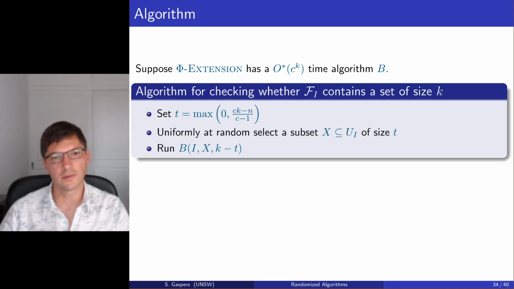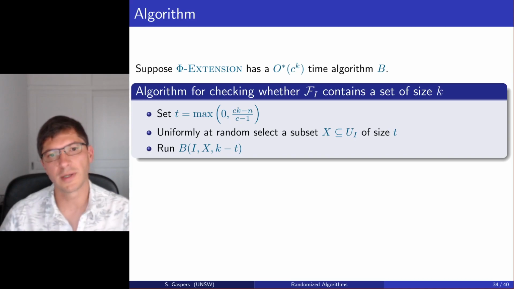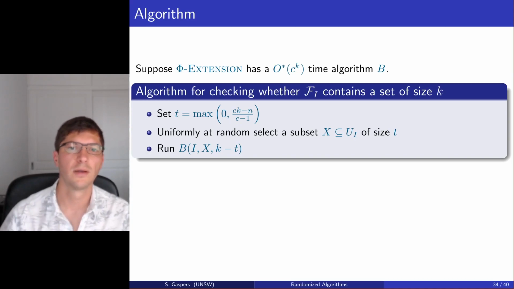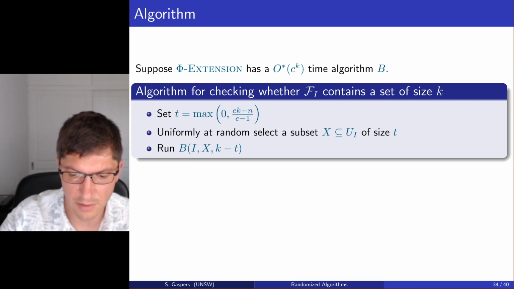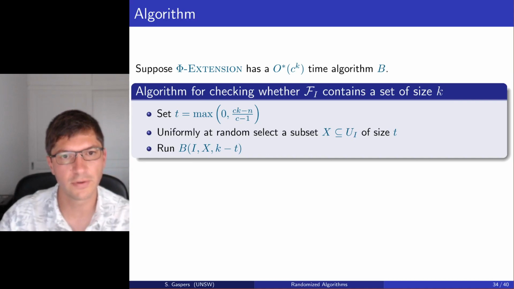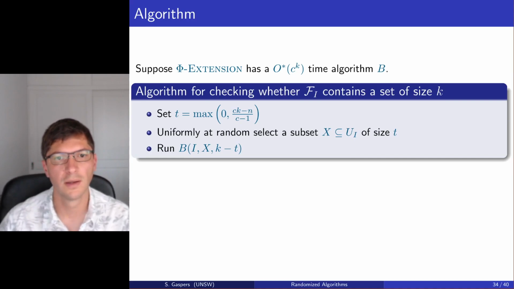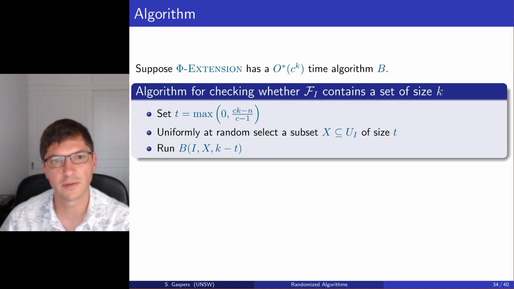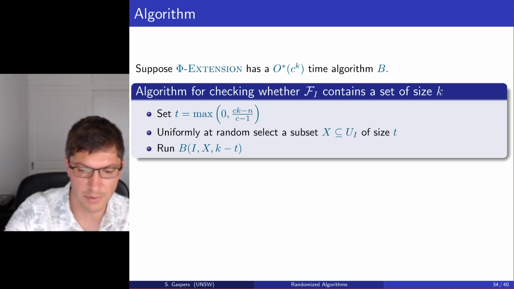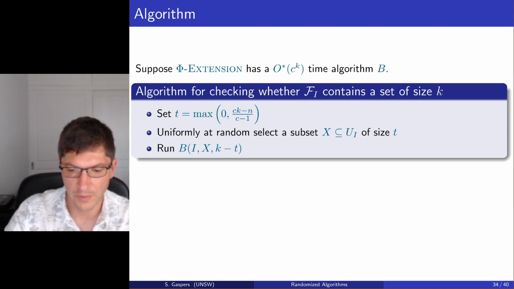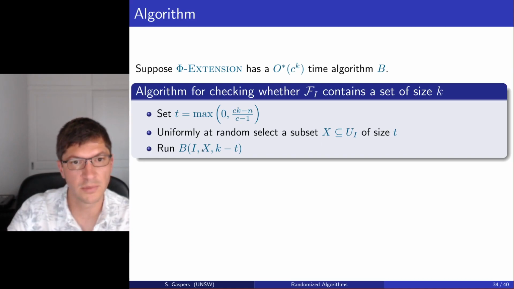Now, this is the algorithm that I'm proposing. We again select some threshold t, which depends on c, on k, and on the universe size n. Now we uniformly at random select a subset of the universe of size t. Then we run the algorithm for the extension problem, so the subset that we have randomly selected is our pre-selected elements.